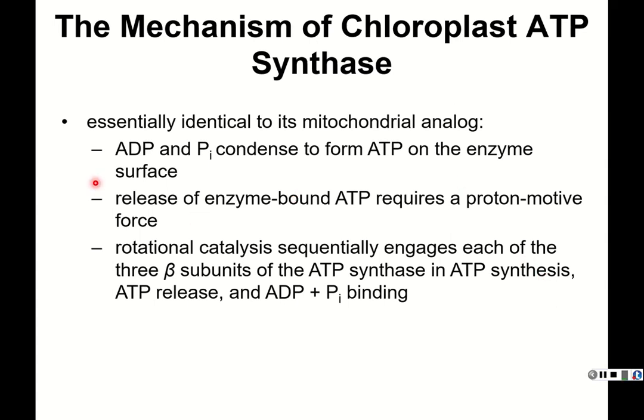Essentially, a chloroplast is identical to a mitochondrial analog. Knowing how to describe that on an exam, being able to match the different processes or the different machinery from the two, is what to know.